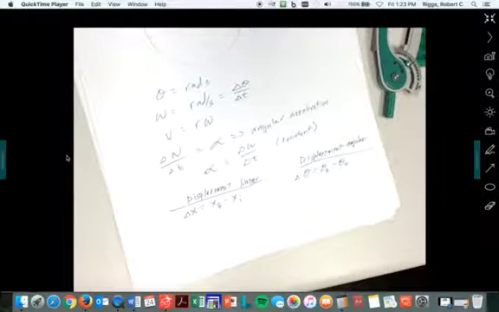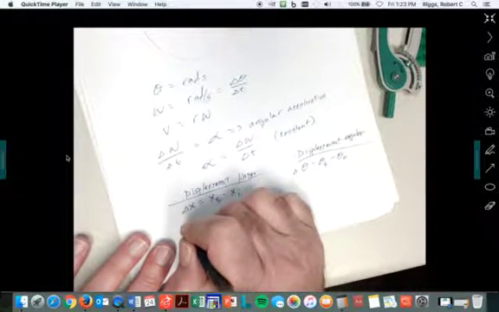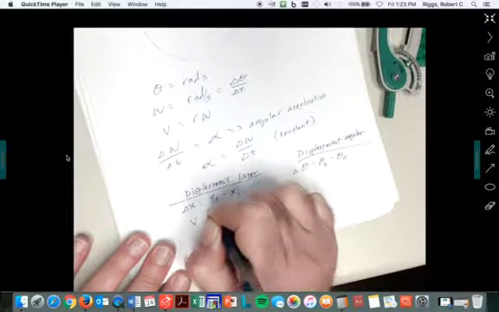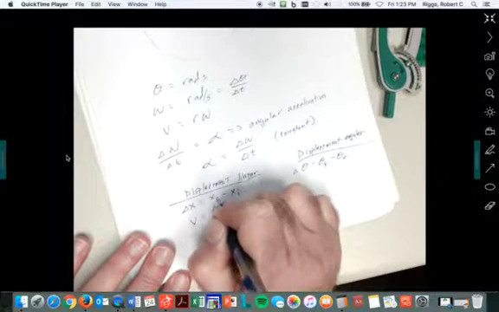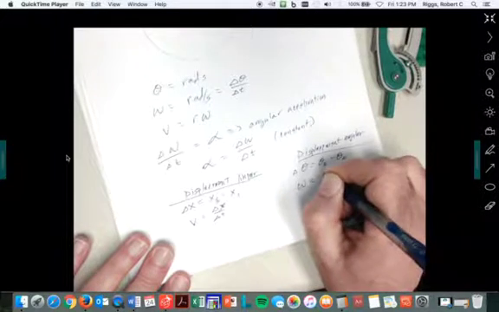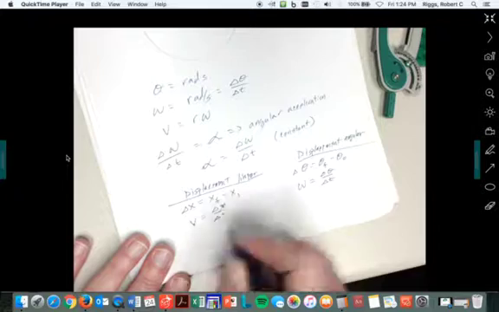And we also know that v is equal to the change in x over the change in time. Omega here is equal to the change in theta over the change in time. They're analogous to each other.